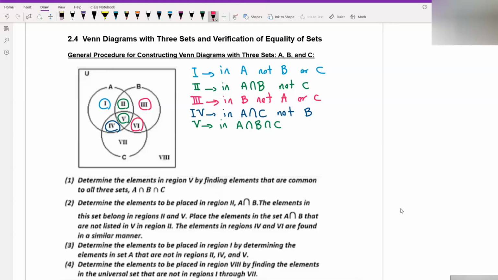Next one, number 6. This part is the intersection between B and C, but it's not in A. And we have this one.